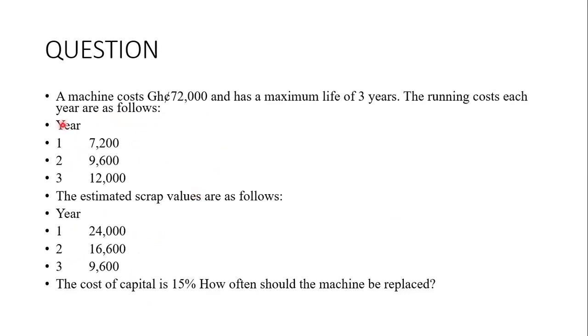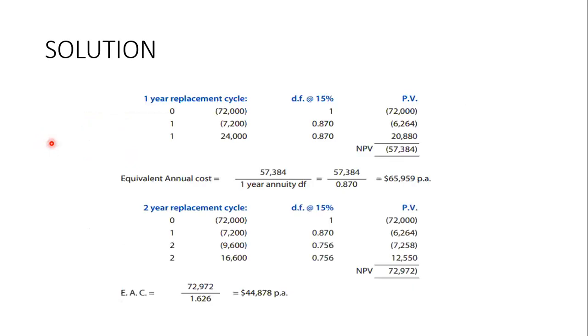If we decide to replace it in year 1, what would be the cost? How much would it cost us if we decided to replace in year 1, in year 2, and then in year 3, and so on?